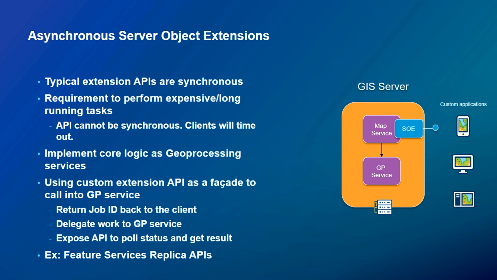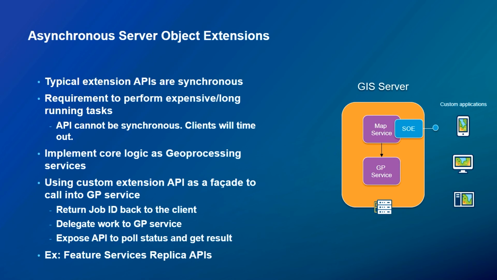Now, when the client comes back and says, hey, are you done with my request? You can continue to poll the GP service, because the GP service is asynchronous and gives you these primitives of get status, get result, to allow you as the SOE developer an asynchronous API to your client. That way, the clients don't block forever for your expensive operations, and there is efficient use of resources on your server as well as on the client side.